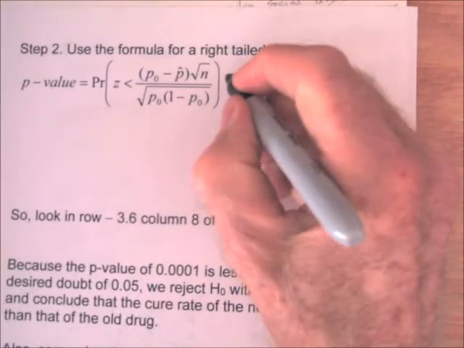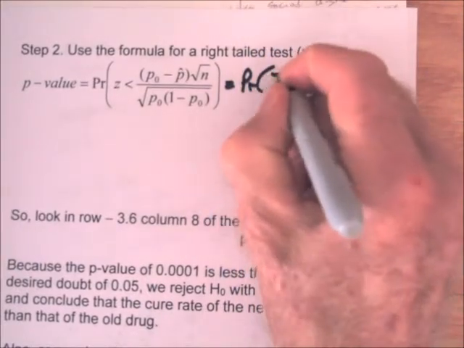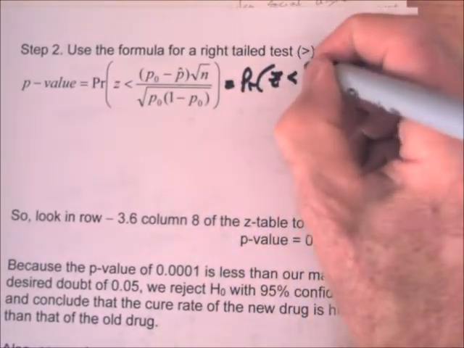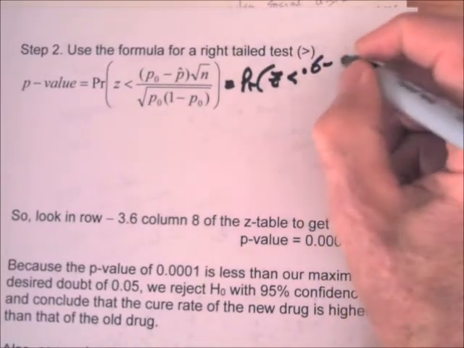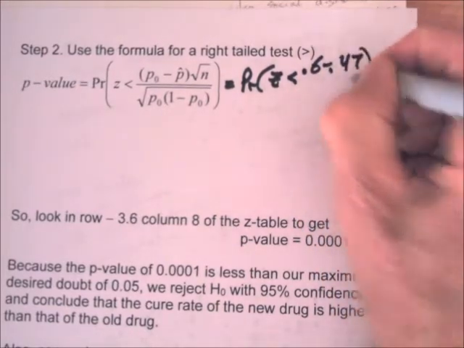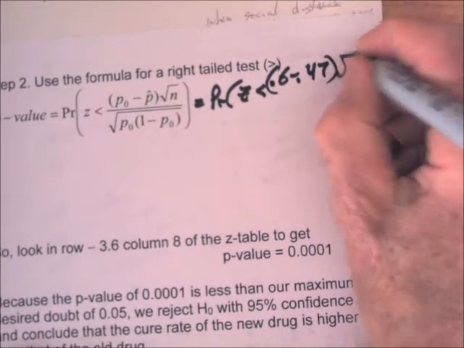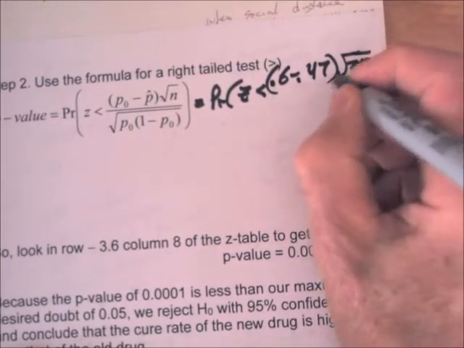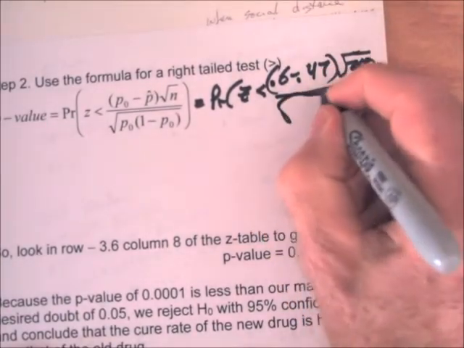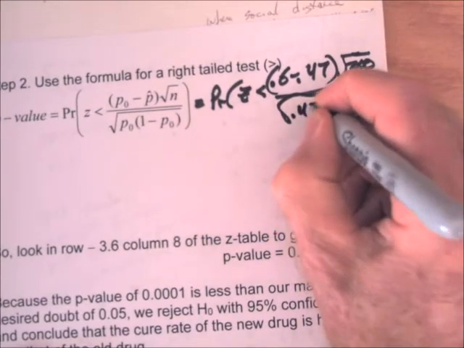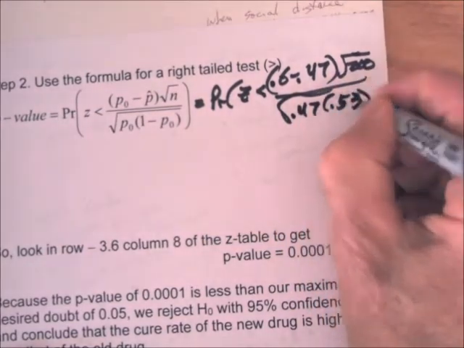So we want the probability z less than, with p0 is 0.47, p-hat is 0.6, n is 200, and 1 minus p0 is 0.53, 1 minus 0.47.